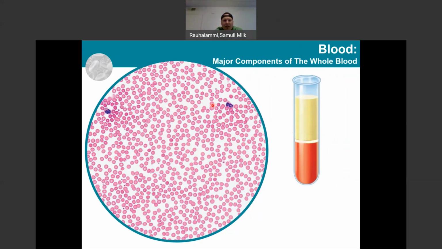We can also see white blood cells that were located in the buffy coat, as these larger cells, larger than red blood cells, that have a darkly staining nucleus on H&E stain. And then if we look very, very closely, we can see odd little tiny drops. They are platelets, so fragments of cells. What's important to take away from this is to focus on the proportions of how much each one is present.